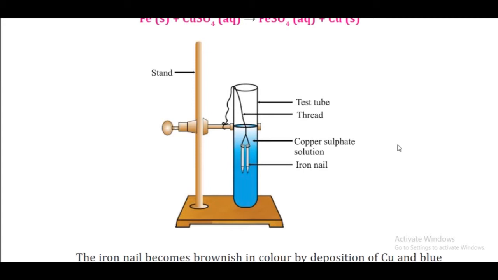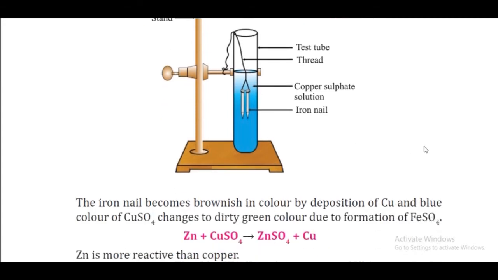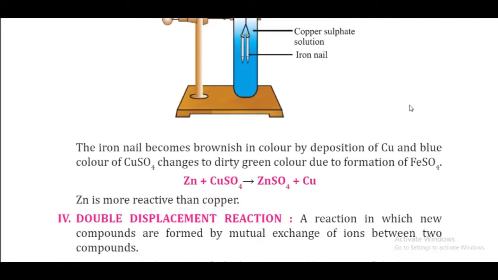A brown flaky layer is formed over the nail which is of copper. So you can see here the iron nail becomes brownish in color by deposition of copper, and blue color of copper sulfate changes to dirty green color due to formation of ferrous sulfate.